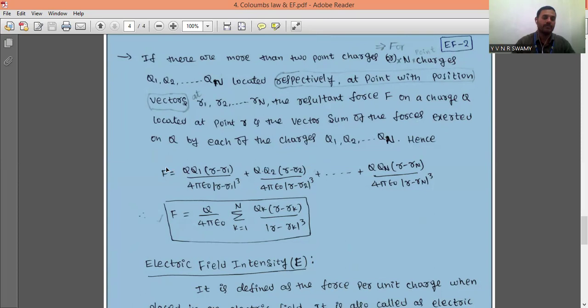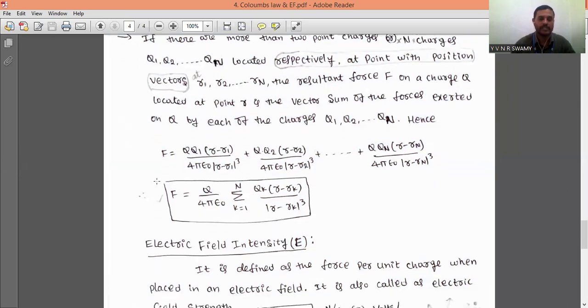Then the force due to n point charges is Q1(R − R1)/(4πε0|R − R1|³) + Q2(R − R2)/(4πε0|R − R2|³) + and so on, Qn(R − Rn)/(4πε0|R − Rn|³).